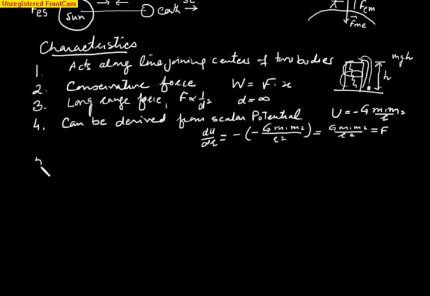Another characteristic which we can add to the list is that in central force motion, the angular momentum of the system, of the particle, is always conserved. That means we can say angular momentum is conserved.